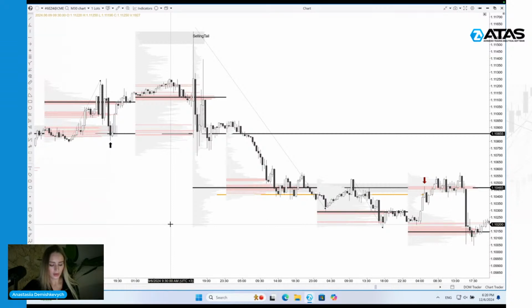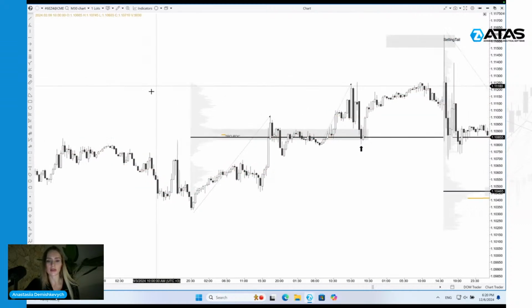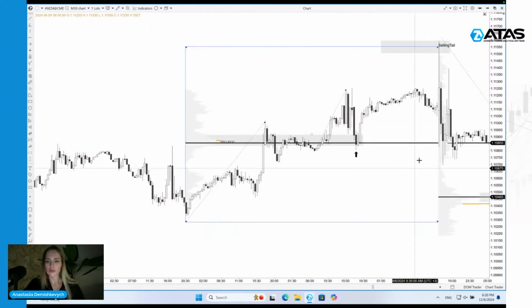Absolutely. Point of control has the same function as high volume node. Point of control is the highest volume node. Okay, so we are talking about, for example, the same setup as here, and I'm going to turn off my market profile just for you to have it clearly. So my point of control is a bold black line.